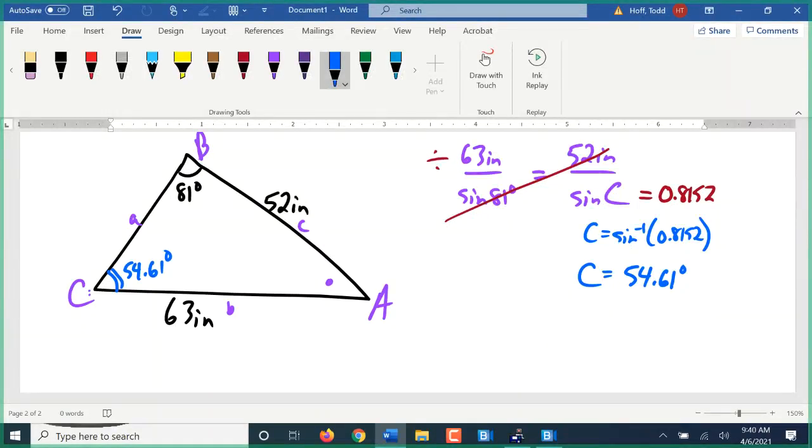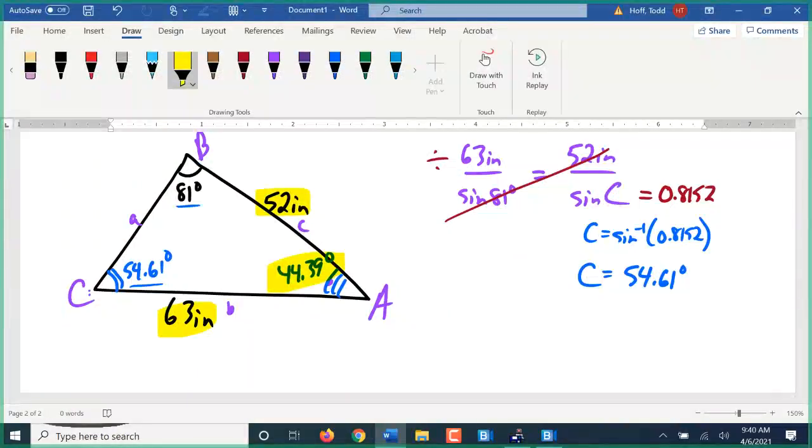Now we know angle A, because we're going to subtract from 180. 180 minus the 81 and then minus the 54.61 is going to give us 44.39 degrees. Now we have two sides and the included angle.